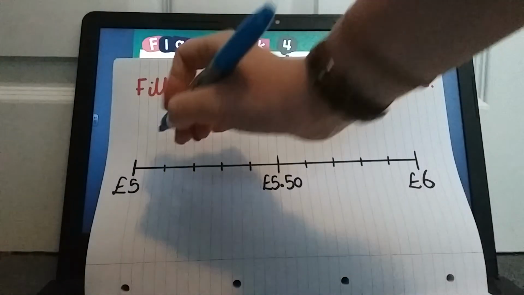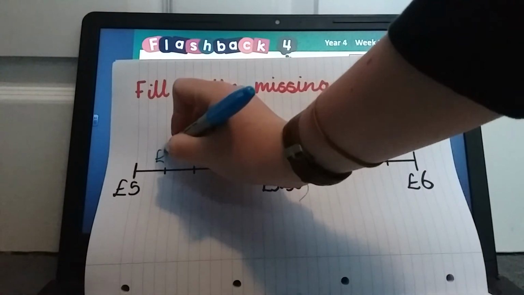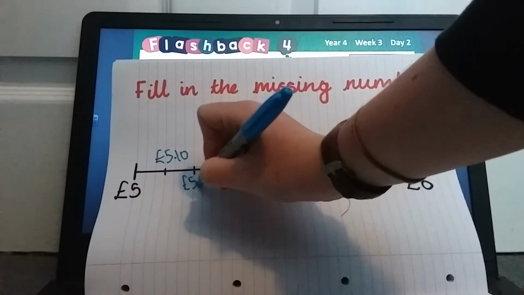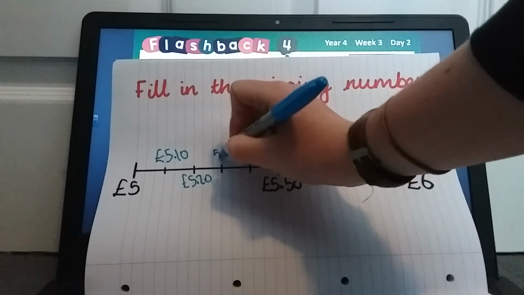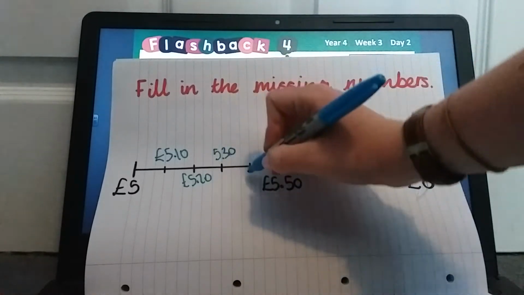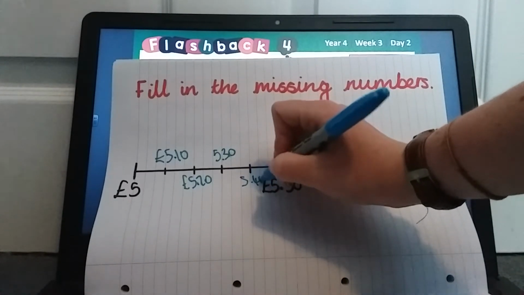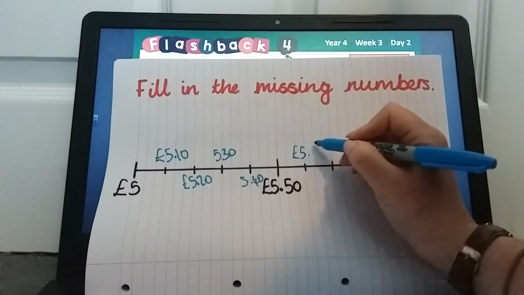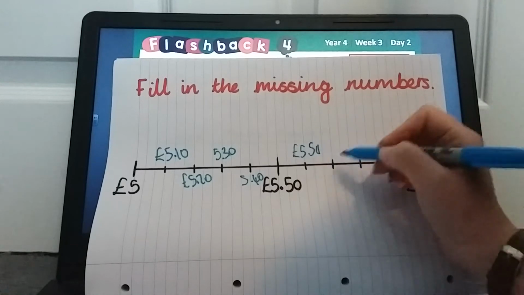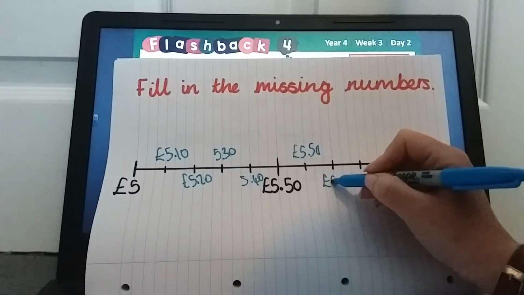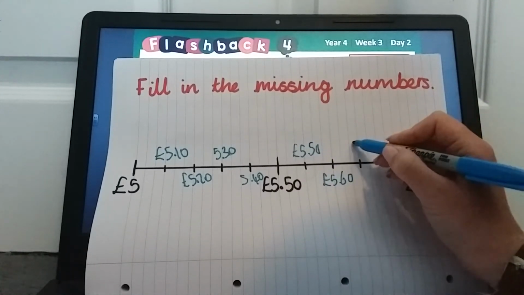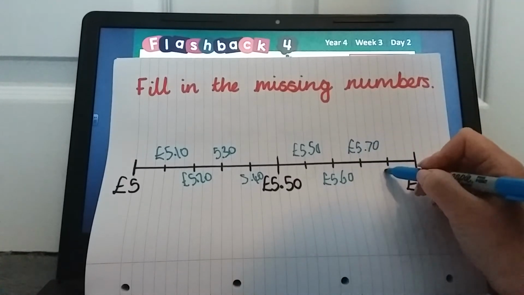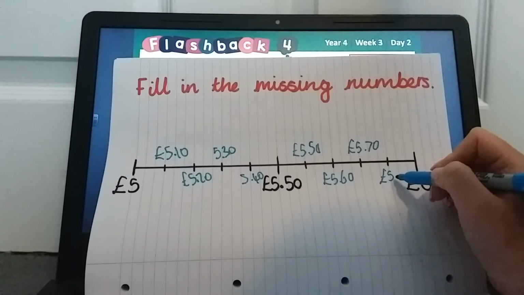So we'd have our £5, then we'd have £5.10, £5.20, £5.30, £5.40, £5.50, excuse my dodgy writing, £5.60, £5.70, and £5.